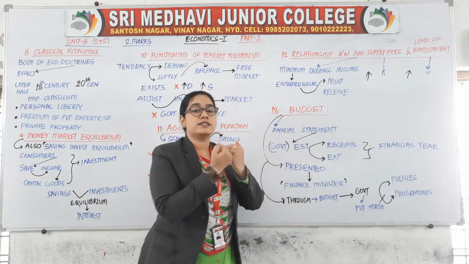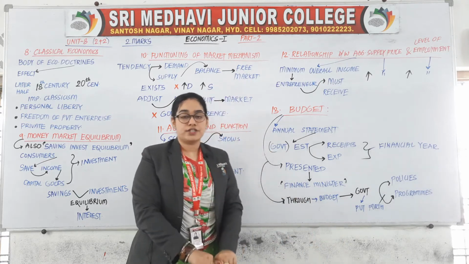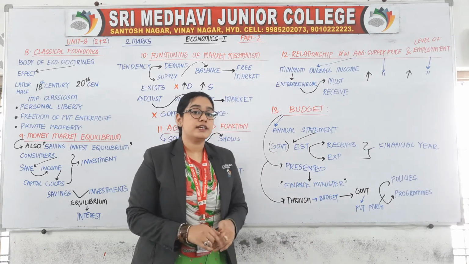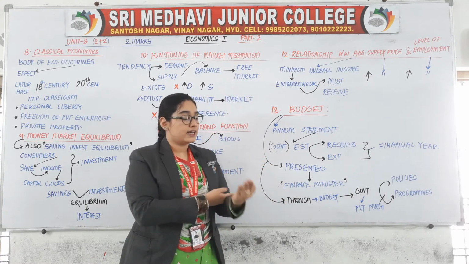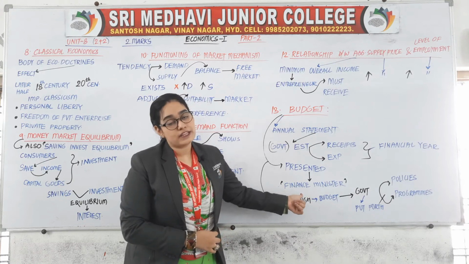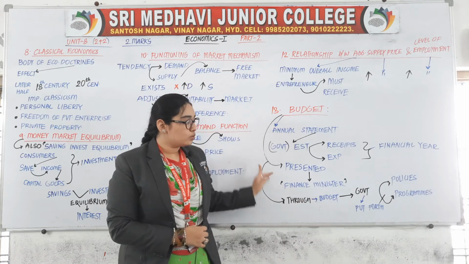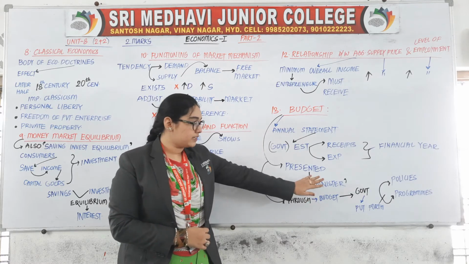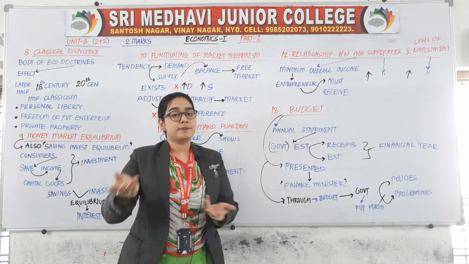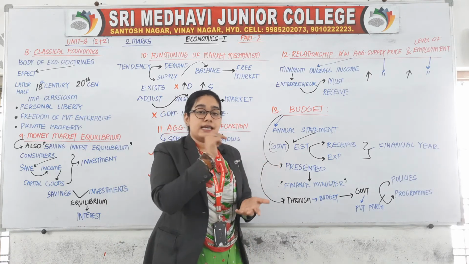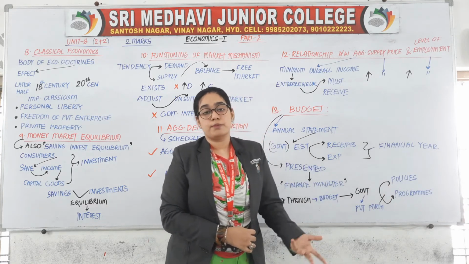From where the government is receiving money and where the government is spending money in a financial year will be presented as a statement by the finance minister. The budget the finance minister prepares, including the receipts and expenditure, is helpful for making policies and programs.